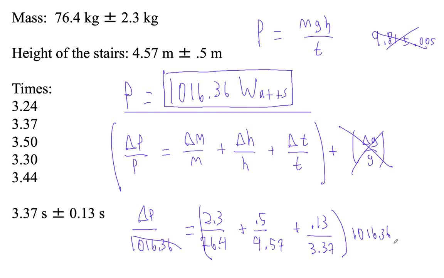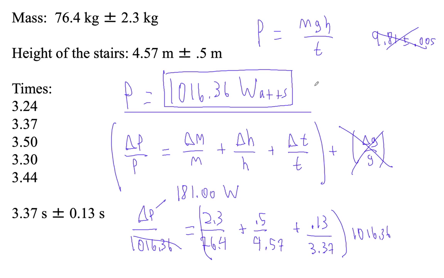Okay, now let's just double check my numbers here. Yeah, I got it. And when I do this, I get that delta P is 181.00 watts, right?